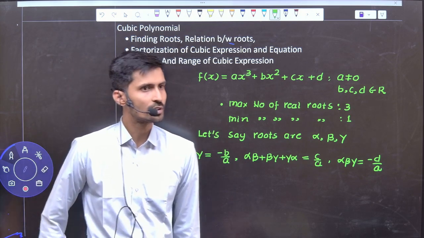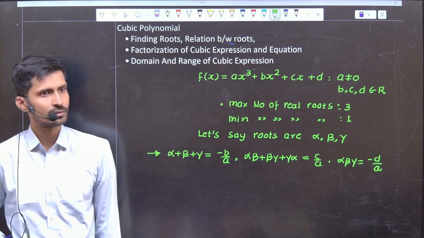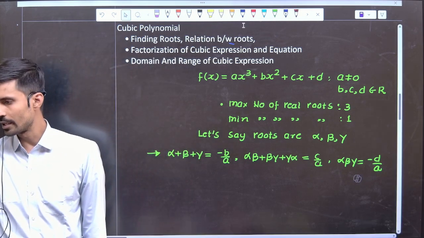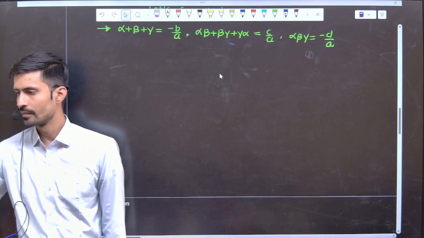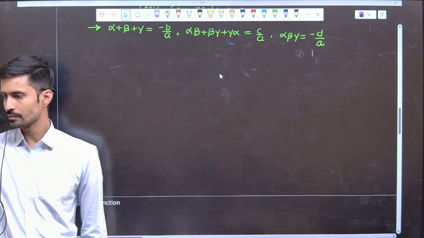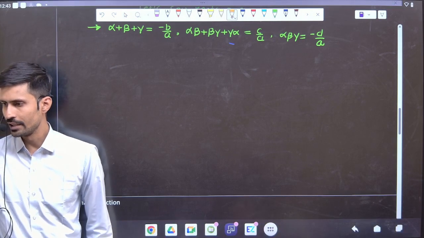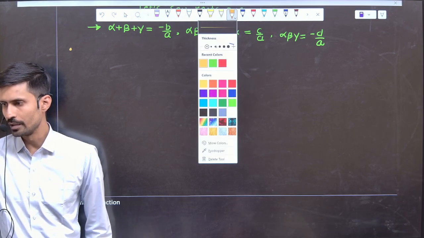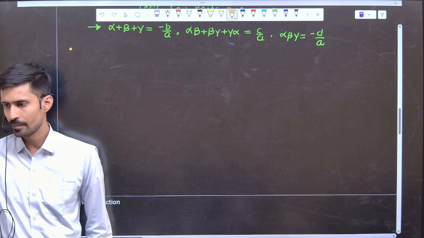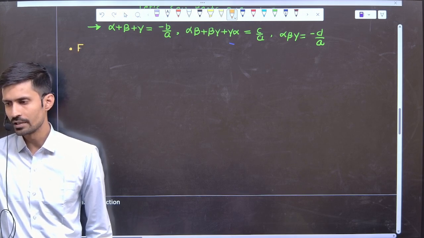So now the question is how we'll find the roots. Okay? So write down the next topic: finding roots of cubic polynomial or cubic equation.